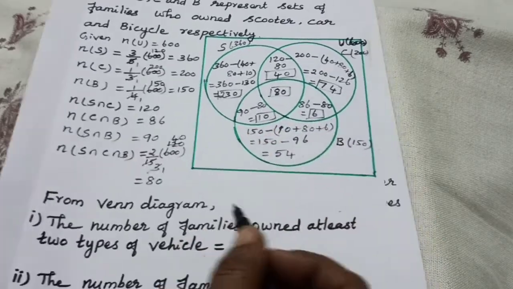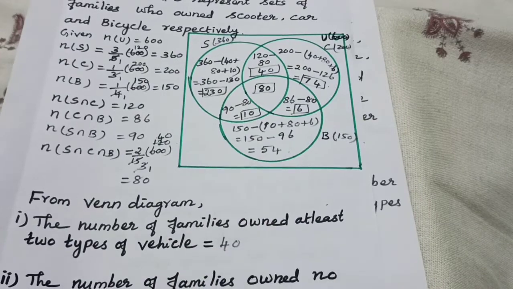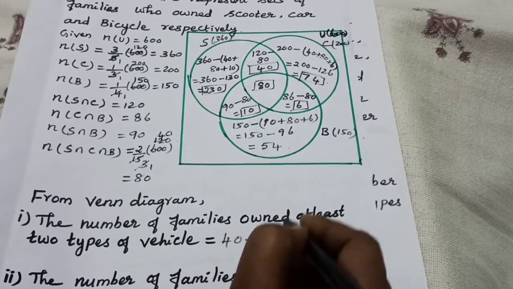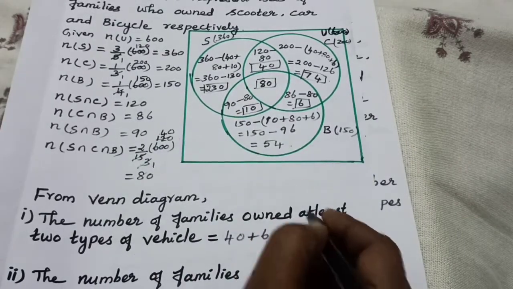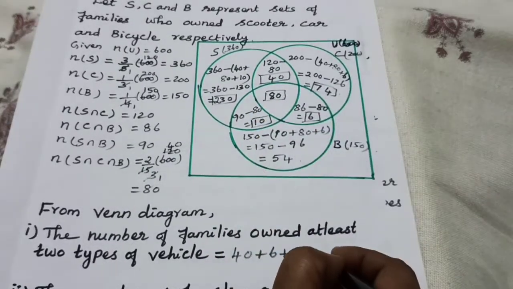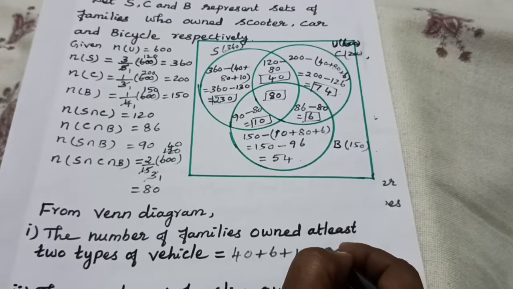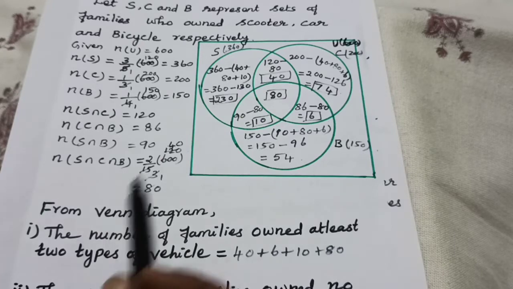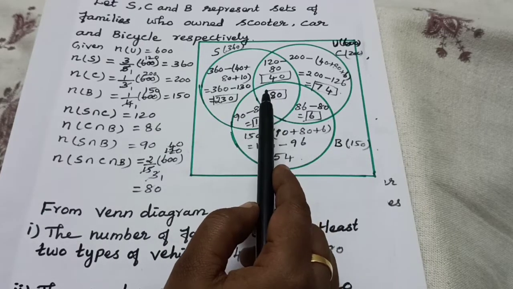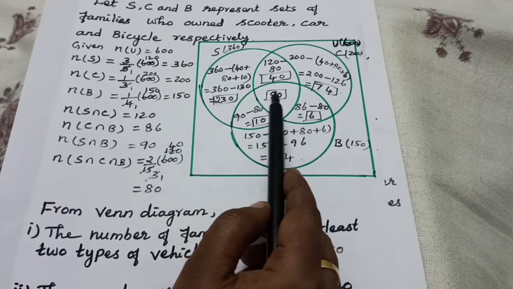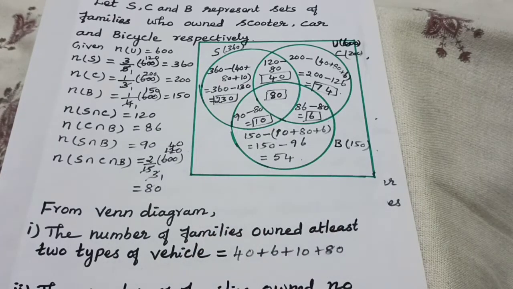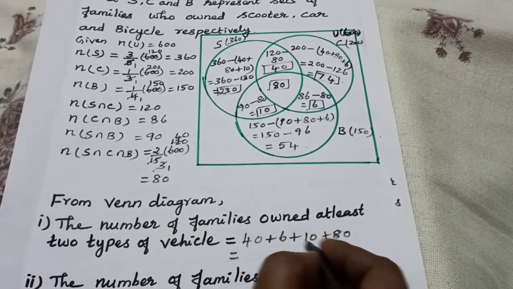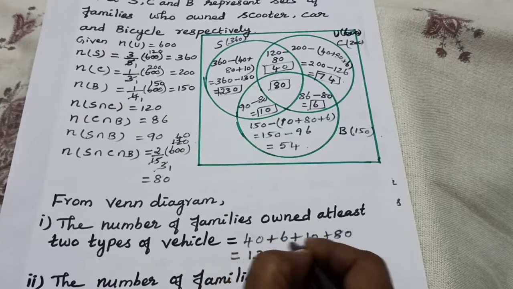That means here 40, then this 6 plus 10, then this 80 also we have to add, at least. Okay, our question is at least, so we have to add 3 also. 3 vehicles, how many of them are using, that one also we have to add here. Okay, then adding this 3 we will get what? 136.